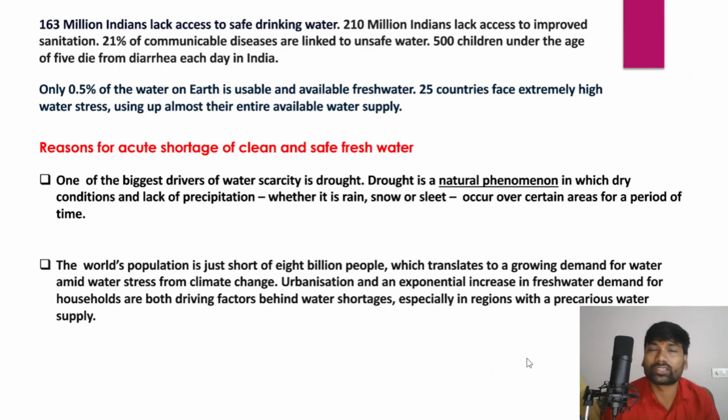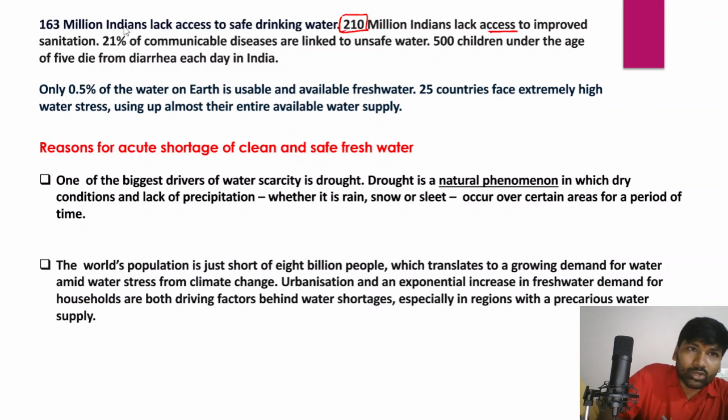And in the introduction, as I have told you, you need to write some data on the freshwater crisis at the global level and even in India as well. So around 163 million Indians as of now lack access to safe drinking water, and around 210 million Indians lack access to improved sanitation as well.